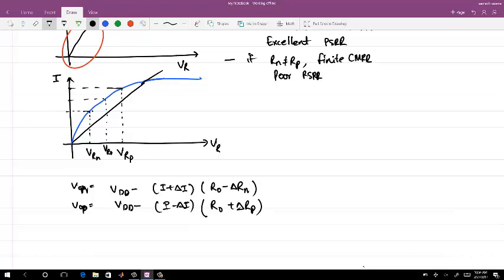This delta R naught I just use at VR0, and this delta Rn and delta Rp are not actually equal in this case. So you will see a non-linear output swing with respect to VR.